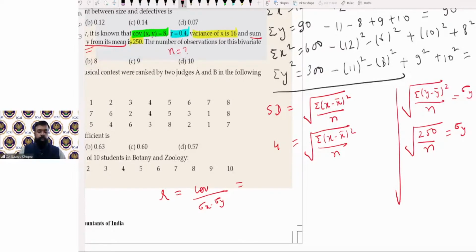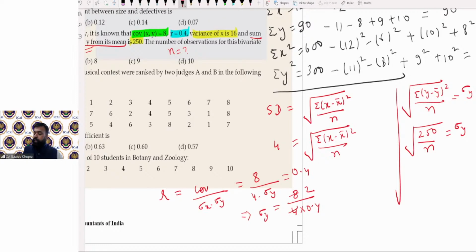Now, if you substitute the values, covariance is 8, sigma x is 4, sigma y is not available, equal to r, and r is 0.4. Now let us simplify this. So sigma y equals 8 upon 4 into 0.4.